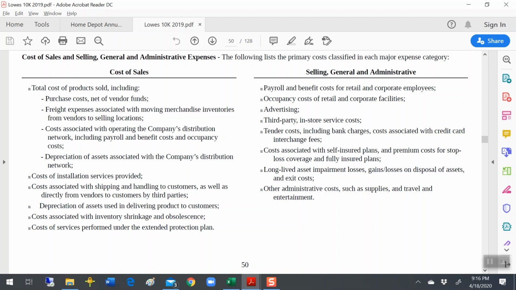All right. Conversely, let's talk about selling, general, and admin expense. Now cost of sales is product expenses; selling, general, and admin are period expenses. Payroll and benefit costs for the retail and corporate employees. Retail are the people wearing the aprons and checking you out when you go through the register.